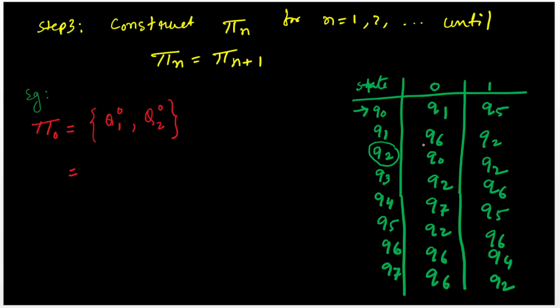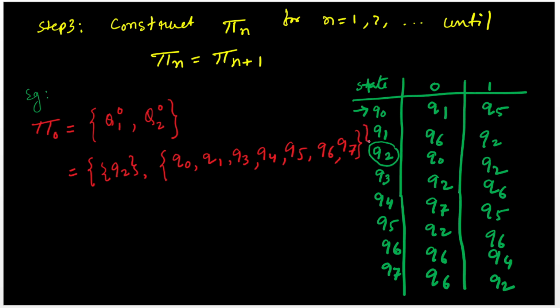From this transition table there is a single final state, that is q2. So Q1 of 0 is q2, and Q2 of 0 is all the other non-final states: q0, q1, q3, q4, q5, q6 and q7. So this is pi of 0.